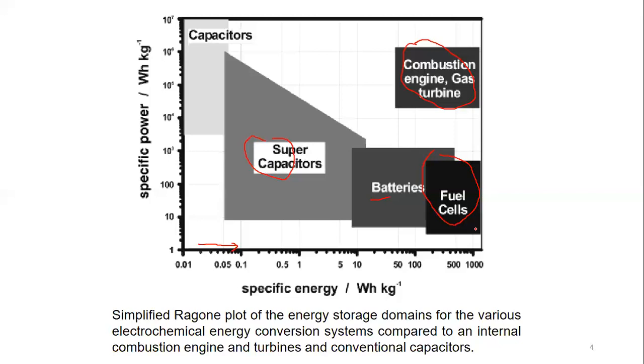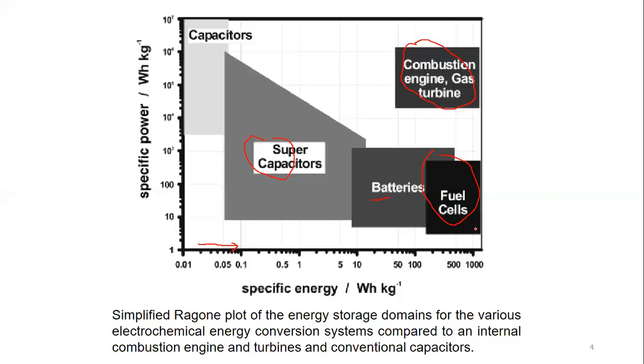But if you look at the specific energy of the supercapacitor, it's much lower than that. That's one discussion. The second point, what about batteries? Batteries are in between the fuel cell and the supercapacitor.